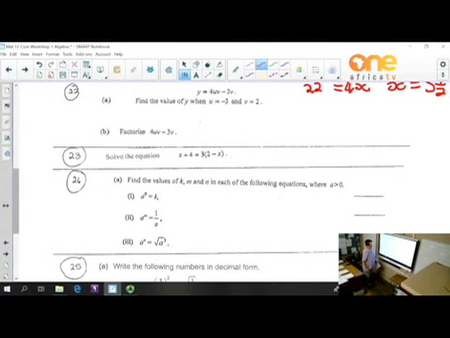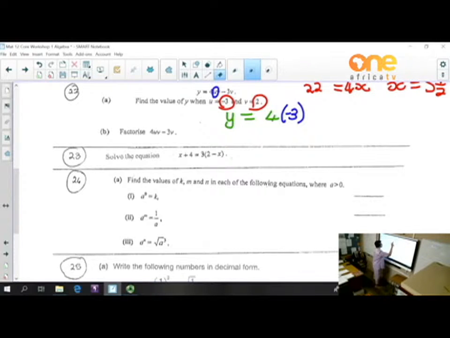Right, the next question. This is substitution, very easy, but very necessary to substitute in brackets. Otherwise, we make mistakes. So then we're going to say that y is equal to 4. And now in this use place, in brackets, I substitute the negative 3 times v, and v is then 2 minus 3, and v is again 2.